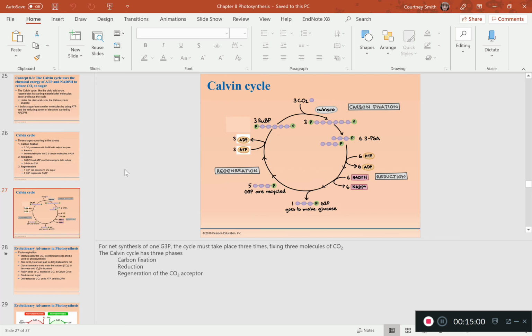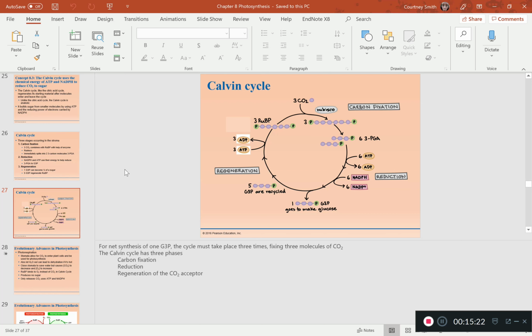So the first step, like I said, is carbon fixation. That is when carbon dioxide will bind to RuBP. And then in that step, it will be split into the 3-PGA molecule. And it does that with the help of an enzyme called rubisco.